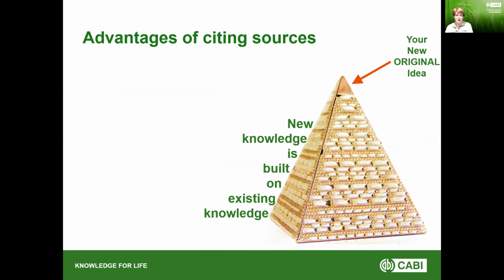You don't need to hide the fact that you have taken an idea from a previous source. That is part of building new information. So the trick in not plagiarizing is not taking someone else's ideas or their text or their graphics or anything else without citing the original source.